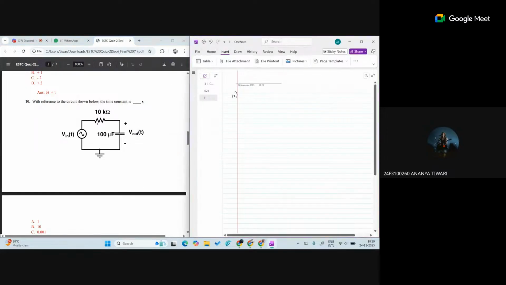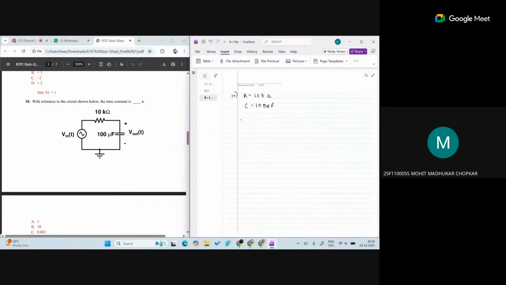See, from the circuit, in this question we are asked to write the time constant, and we are given the R value, which is 10 kilo ohm, and C value, which is 100 microfarad. So what is the time constant? RC.